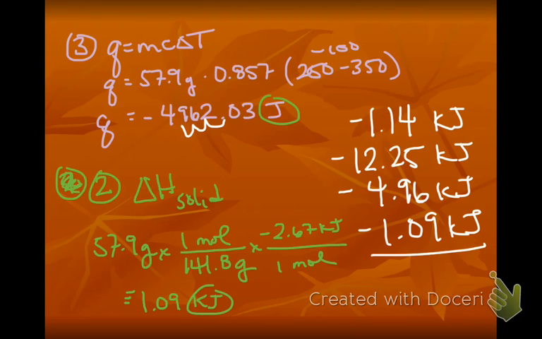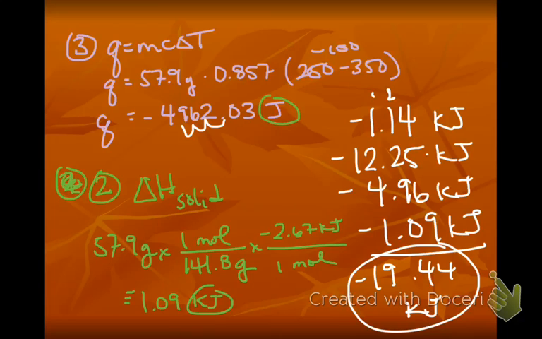And so it's the sum of all of those different amounts of energies that are released that gives us our final answer. And so adding these all up, I get a sum total of 19.44 kilojoules released during that whole process. So very cumbersome because we used 4 different parts of our graph, but just treating each individual spot in accordance with what's going on is how we get our answer.